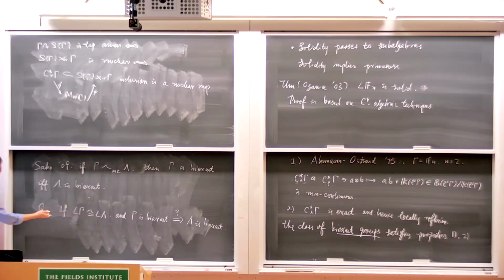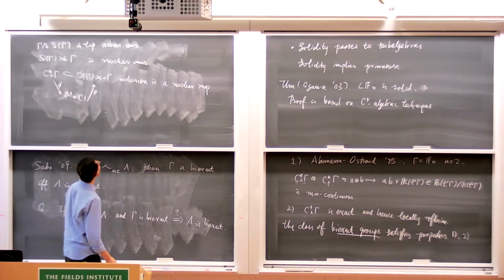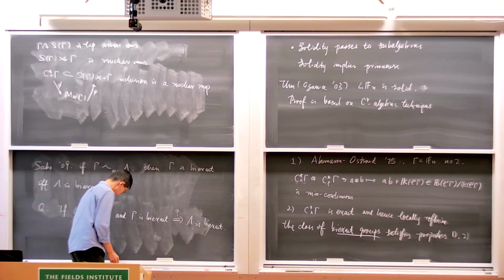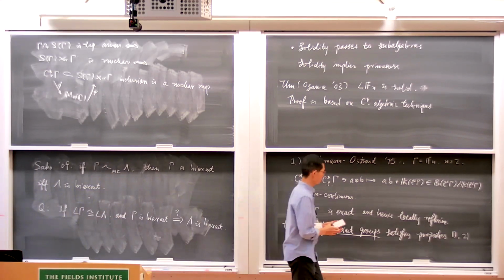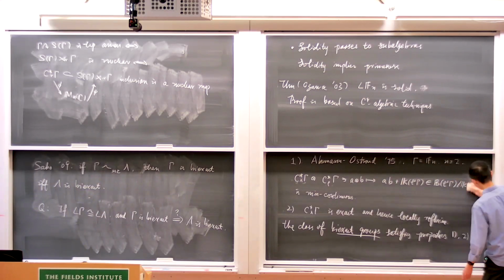So if you have two groups that have isomorphic von Neumann algebras and one of them is bi-exact, can you recognize bi-exactness of the other group through the isomorphism? This is the question I want to discuss today.